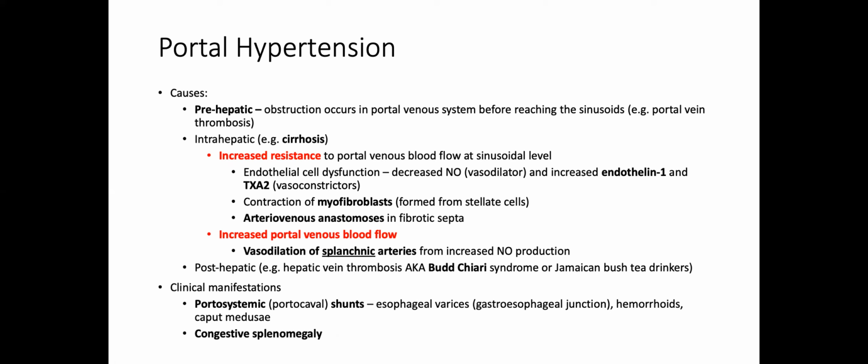Intrahepatic is going to be an increased resistance or increased portal venous blood flow due to endothelial cell dysfunction, contraction of fibroblasts, AVMs, or vasodilation of splanchnic arteries. Clinical manifestations are going to be shunts, like our famous ones we learned in MSK, esophageal varices, hemorrhoids, or caput medusae, and then congestive splenomegaly.